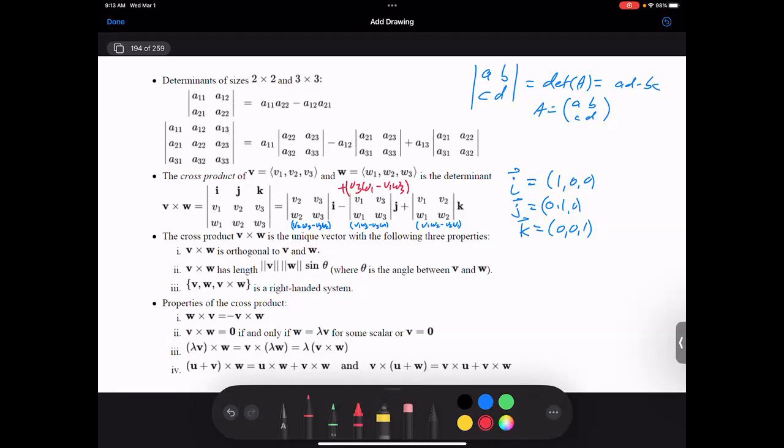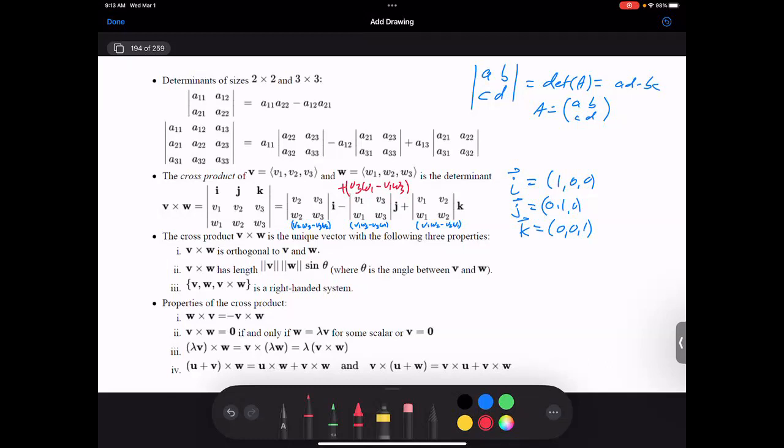And if we take two vectors V and W, we put our fingers aligning with V, curling them towards W. And then our thumb, our right thumb, points in the direction of V cross W. If I tried to use my left hand, well, then that would be W cross V, that would be the opposite. So worst case scenario, you're off by a minus sign.